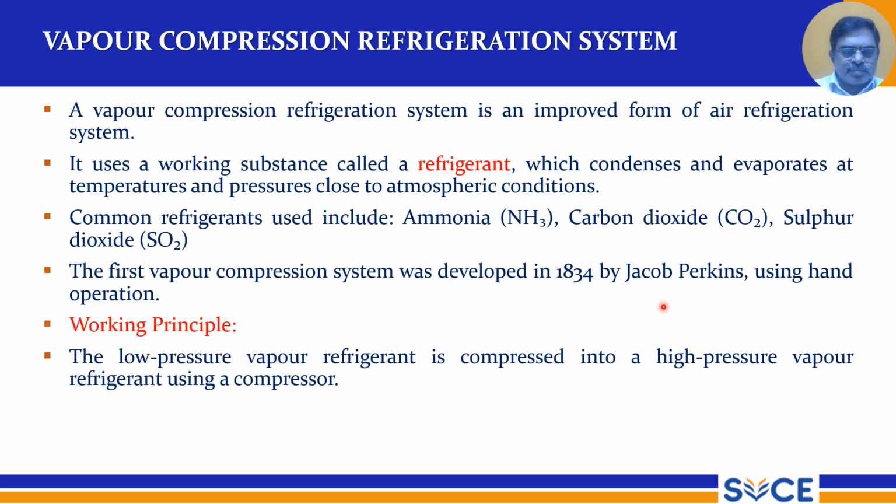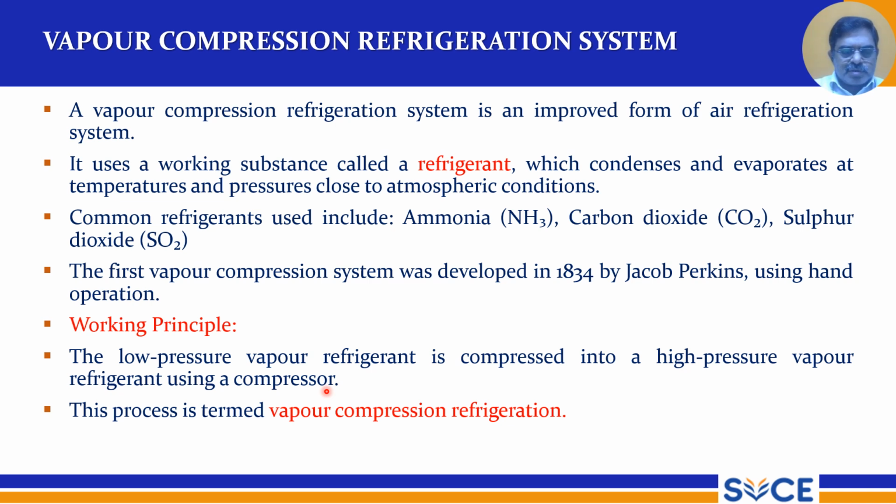Working principle: the low pressure refrigerant is compressed into a high pressure refrigerant using a compressor. So that is the first compression process, as we discussed in the earlier topic also. First, compression takes place. Here we are compressing the refrigerant. In the last unit we compressed the air, whereas here we are compressing the refrigerant.